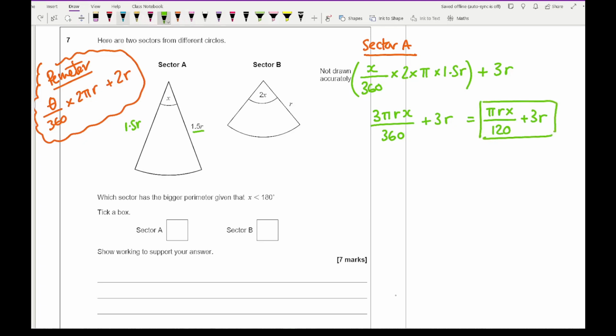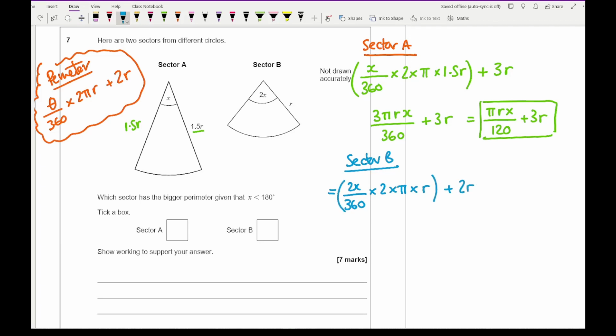Then doing the same, but this time for sector B. So again, working out the perimeter, this time the theta is 2x, so it's 2x over 360 multiplied by 2 times pi times single r, and we're adding 2 r's to it.